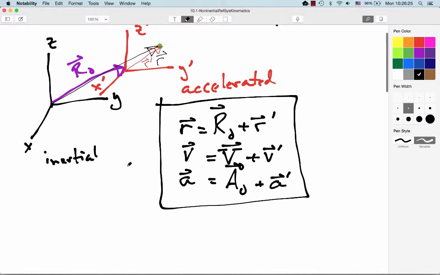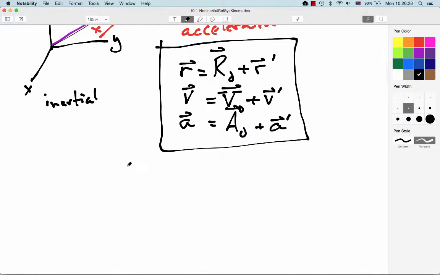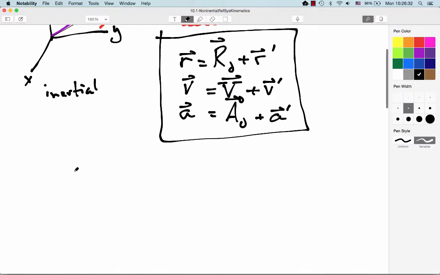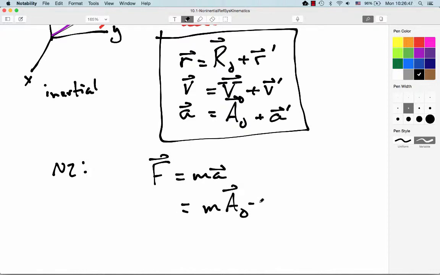Okay, so since we know Newton's second law in an inertial frame, this gives us a clue for how to bootstrap it. So Newton's second law says F equals ma, so we can go ahead and substitute that in. That'll be equal to m a naught plus m a prime, like so.